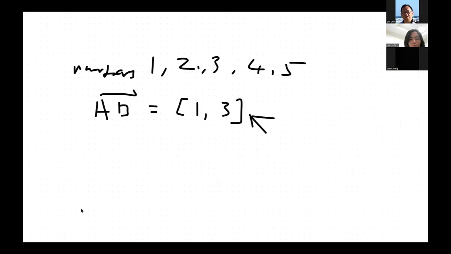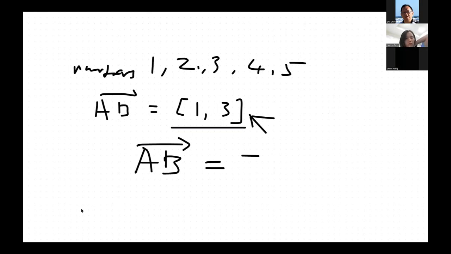Okay, Sherry, what's this? Like the point. When I write A, B, and there's an arrow on top of it, equals 1, 3, what's this? What does this call in math? Like array?